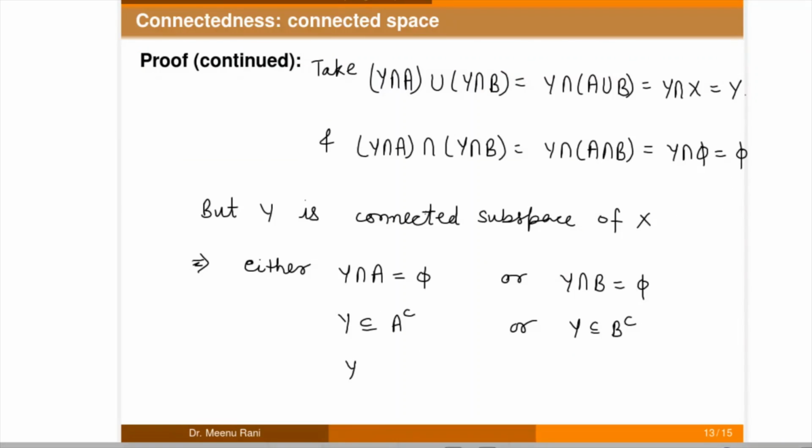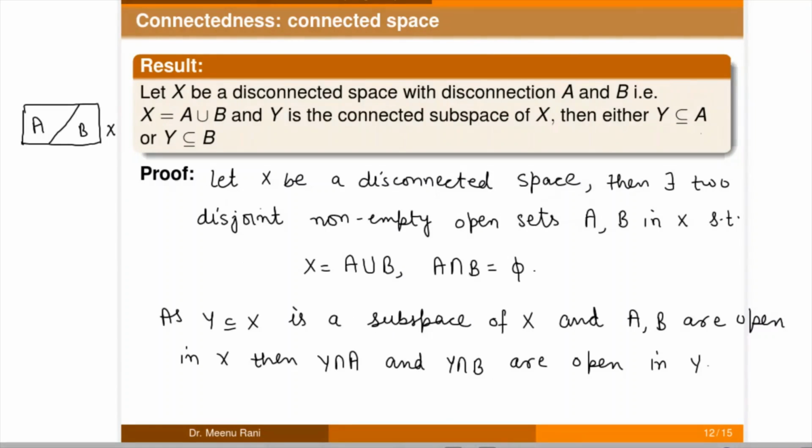So Y is contained in B, and similarly B complement is A, so it is contained in A. So this way we have proved this result: if Y is a connected subspace of X, then either Y is contained in A or in B.